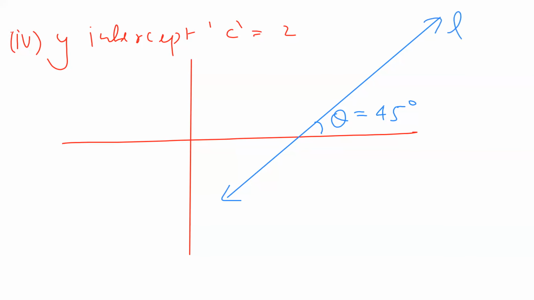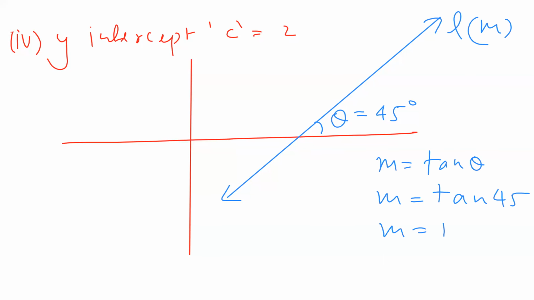So slope of line L, if it is m, so m is equal to tan theta, because 45 is the inclination with positive direction of x-axis. So slope is m, which is equal to tan 45. M is equal to 1.